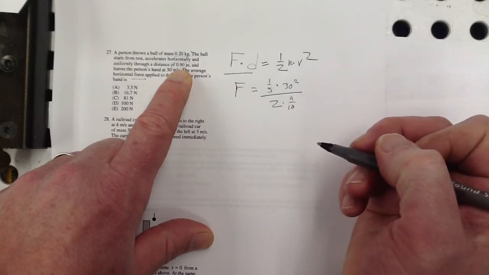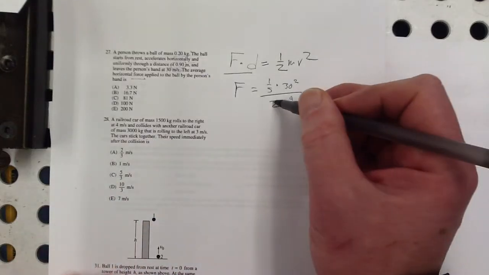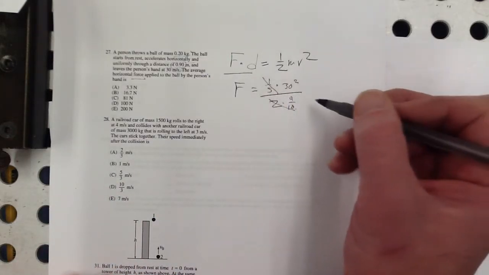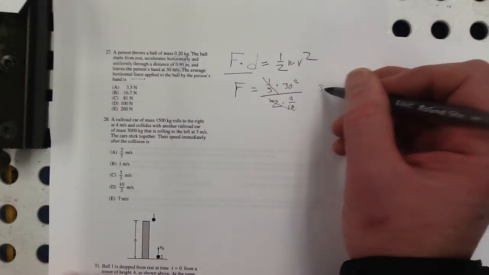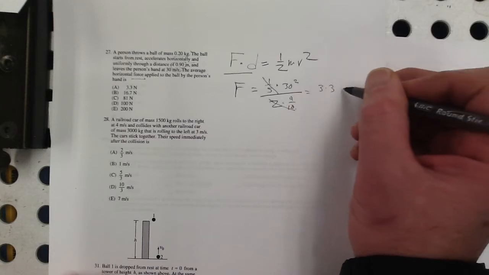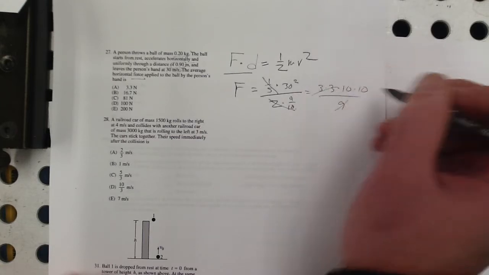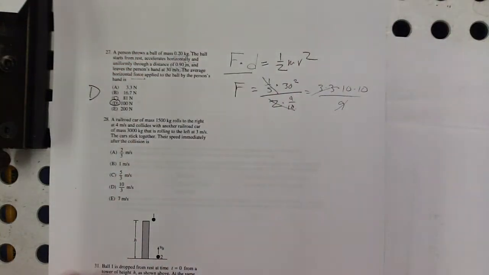They usually make these things pretty easy for canceling stuff out. So the 2 and the 10, that makes a 1/5 and a 1/5, so those 1/5s cancel out, and then you get 30 squared over 9, so that's 30 squared is 3 times 3 times 10 times 10 over 9, so that's 100. You can do it with your calculator, of course, that's fine.